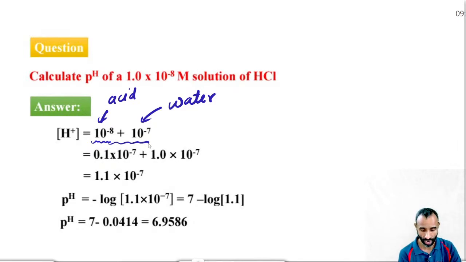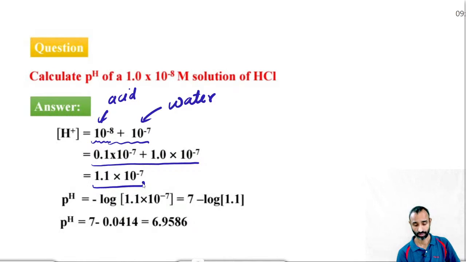Therefore, we add both, and it becomes 1.1 into 10 raised to power minus 7. So pH comes out to be 6.958, very close to 7, but slightly less than 7.